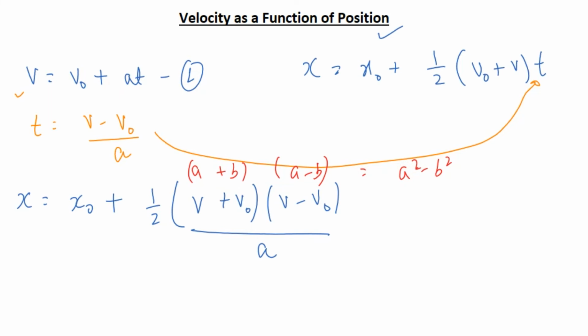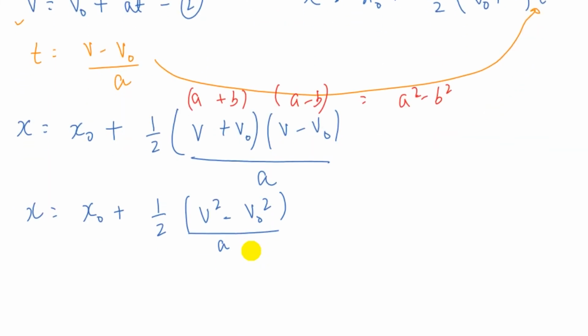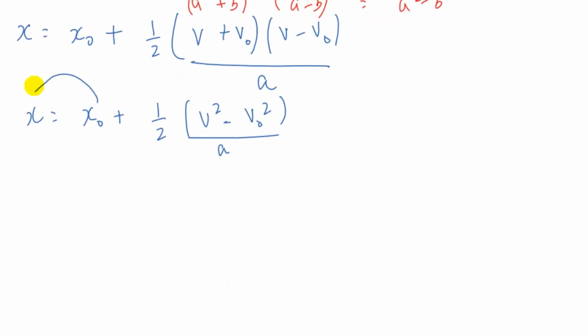So this would become x equals x naught plus 1 over 2 times (v square minus v naught square) divided by a. Now from here we can take this term to the left side.